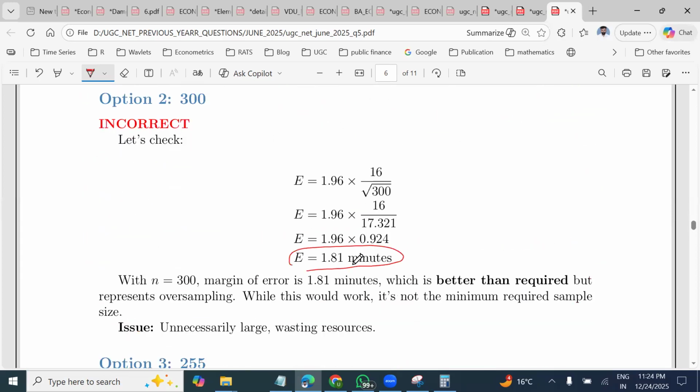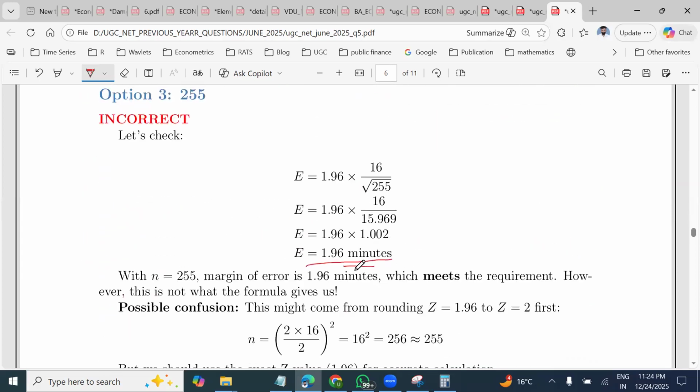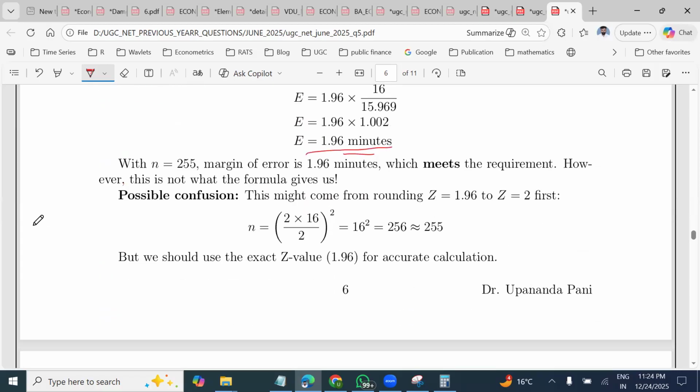You just see 1.81 error, 1.96. So that is why there will be possible confusion in this case. Because Z is equal to, suppose you round up Z 1.96 to 2. If you take Z for 0.025 or alpha 0.05, that is 1.96, but rather you will take 2, because they will not remember, they will say okay, it is close to 2.